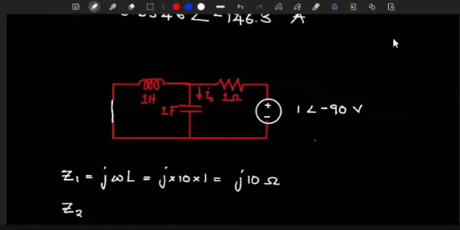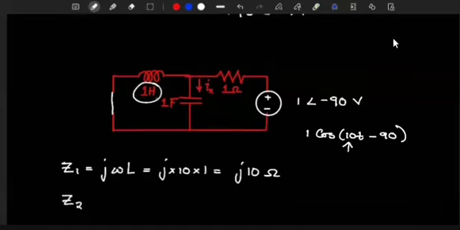The 10 is coming from the fact that we have 1 cos 10t minus 90. The angular frequency comes from here. Then the inductance is here. So you've got the omega from the voltage. Yes.